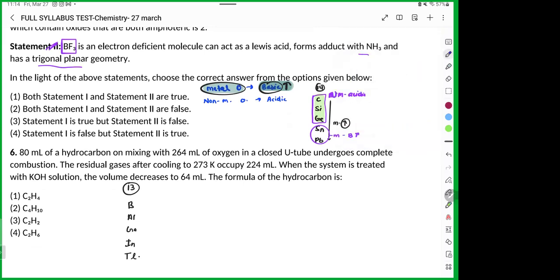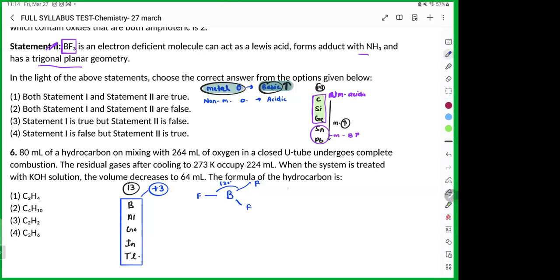So guys, what will happen in this case? Group 13 elements have 3 electrons in the outermost shell. For example, BF3 forms 3 bonds, B-F, and the angle will be 120.